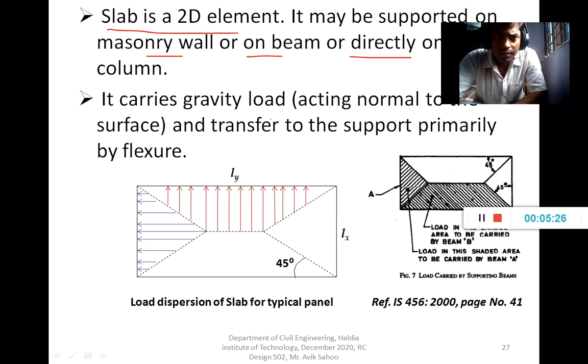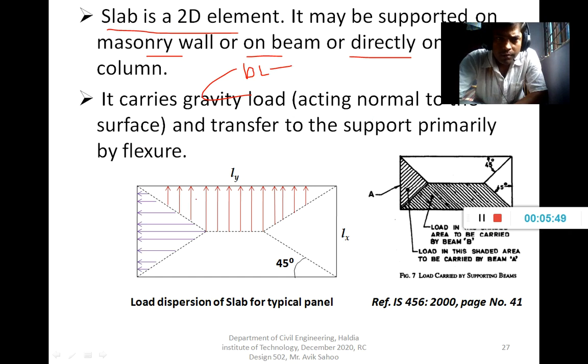And what load is carried by the slab? That is the gravity load. Gravity load, you know, is dead load and live load, which acts vertically downward, normal to the surface.